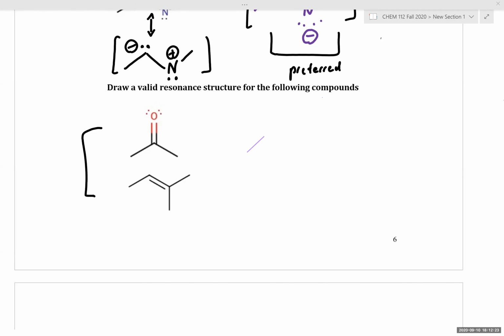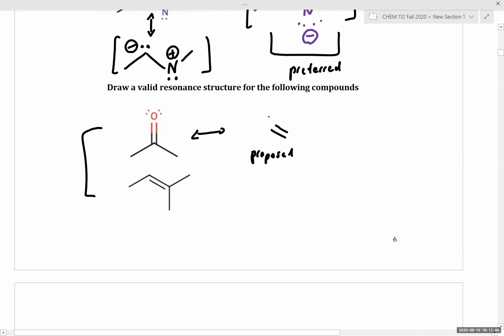So I see in the chat that someone has written out a proposed structure for the resonance structure of acetone. So this is one of the students' proposed structures, just to make sure I'm interpreting it correctly.